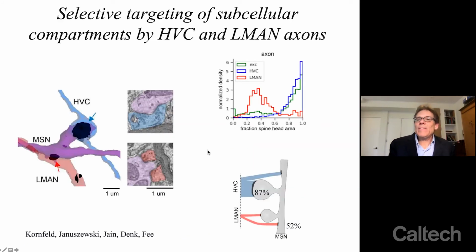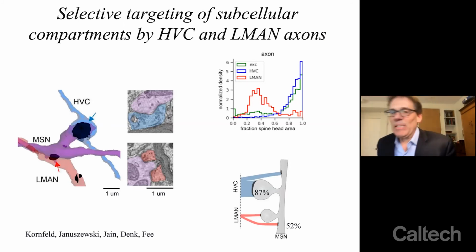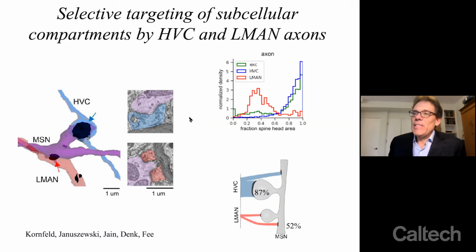So what about the synaptic contacts of LMAN and HVC axons onto MSNs? Here you can see an example of an MSN dendrite with a synaptic input onto a spine head from an HVC axon and a synaptic contact from an LMAN axon onto the dendritic shaft.